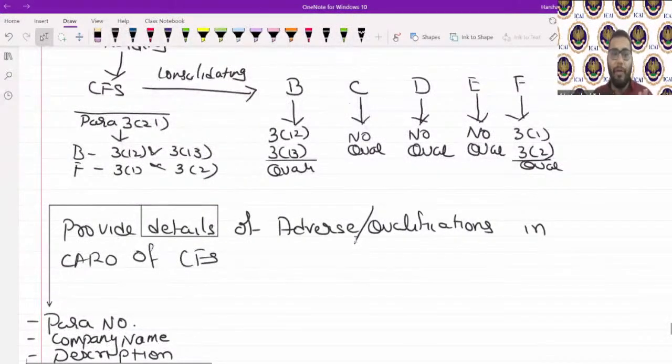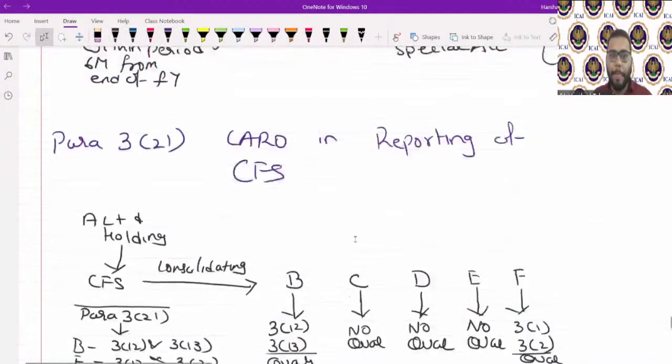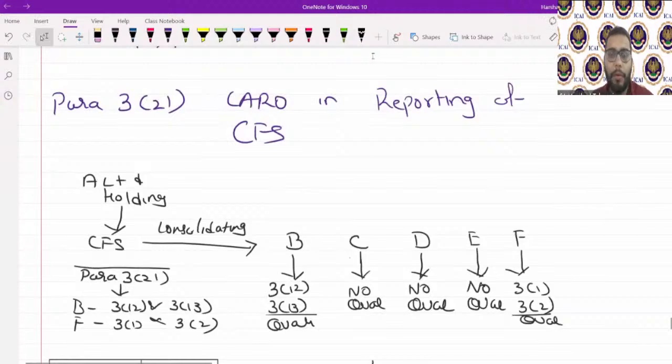Clear? Any doubt till now? Any doubt, guys, with respect to the CARO or any of the clauses?